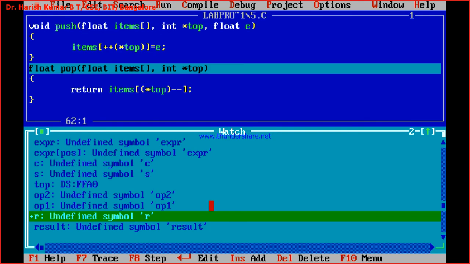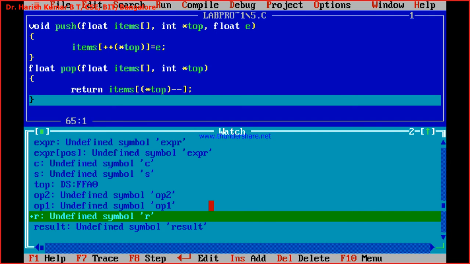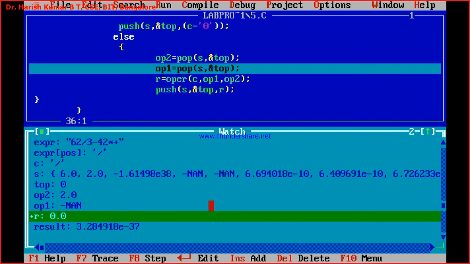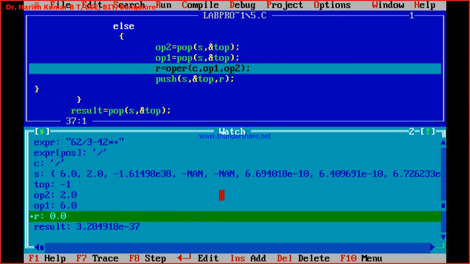So OP2 is, I'll go back, OP2 is 2.0. Now we are popping the second element also, that is 6.0, and assigning it to OP1. Next we are calling operation.